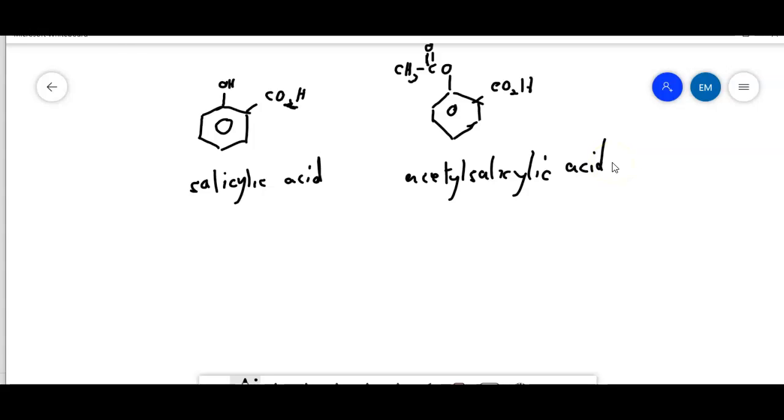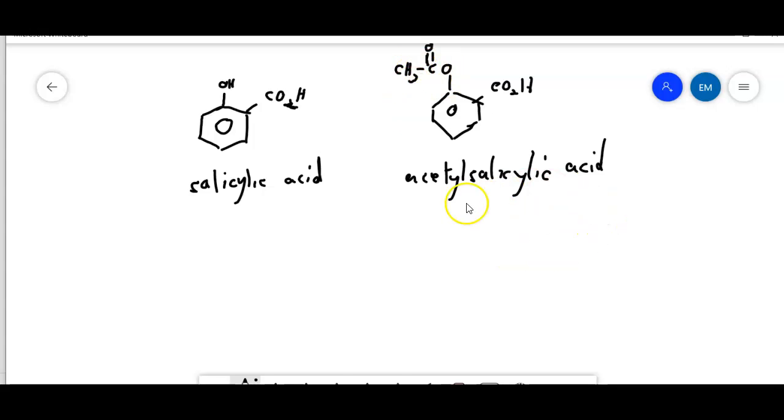And the problem with salicylic acid is it's rough on the stomach. It's probably, and if it gets into the intestines, it's going to be kind of rough on them, fairly corrosive. So if you make the acetyl salicylic acid, you see what's happening here, you take this hydroxyl and you're making an ester with it. This is an ester group right here.